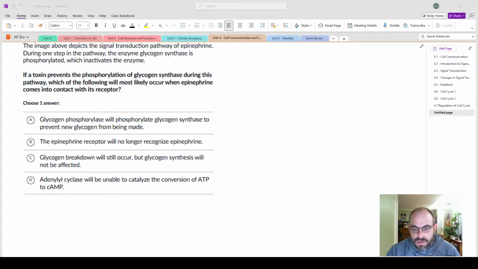So let's read their explanation. Glycogen phosphorylase is unaffected by the toxin, so glycogen breakdown will occur normally. However, the toxin prevents phosphorylation of glycogen synthase, which is what I thought. So glycogen synthase will not be inactivated. Instead, glycogen synthase will remain active, so glycogen synthesis will not be affected. Okay. Got it right. Okay, here's another one.